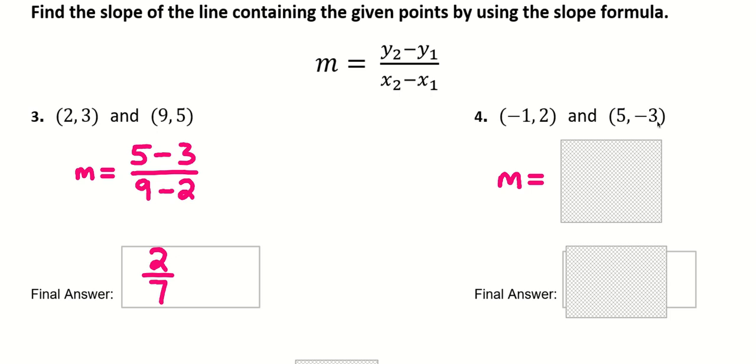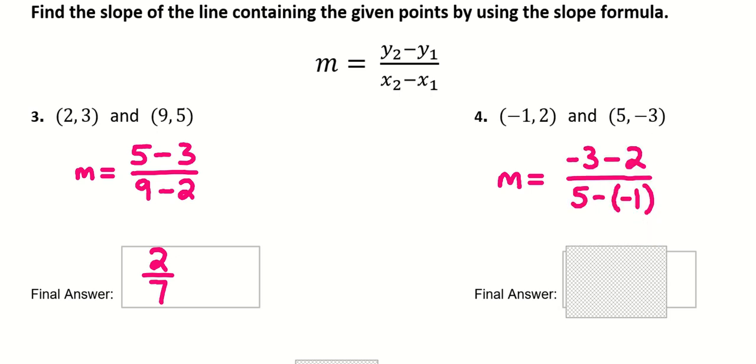You're probably going to call y2 -3 and your y1 2, so this one minus that one. If you want to do both the other way, 2 minus -3 on top and -1 minus 5 on the bottom, that should still work out. If you did it that way, you should still ultimately get -5/6.